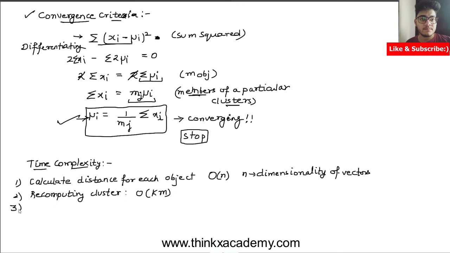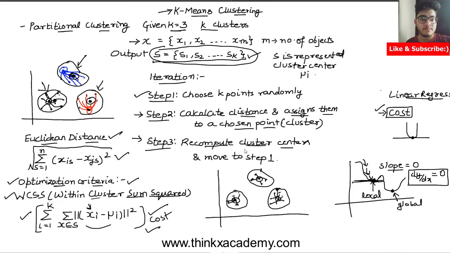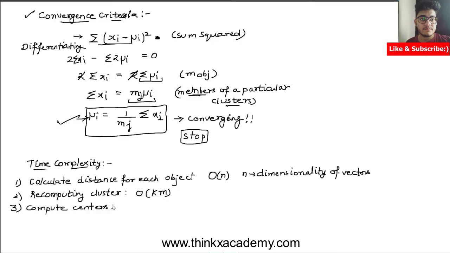The third one is to compute the centers, right? So we will have to compute the cluster centers. You can see in step 3 we were computing the cluster center. So let's see how much time it will take. It will take big O of m n, where m is the number of objects and n is the dimensionality of vectors, right?